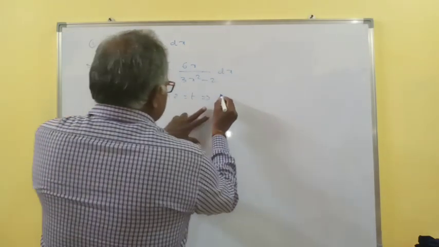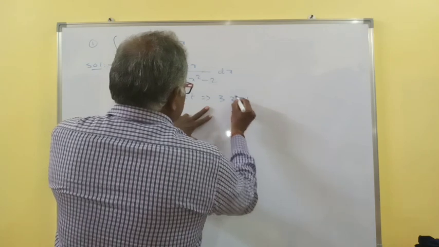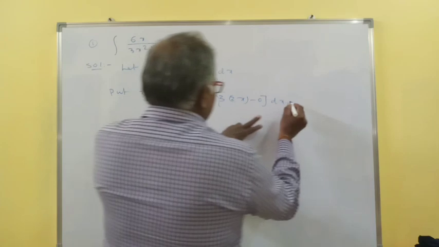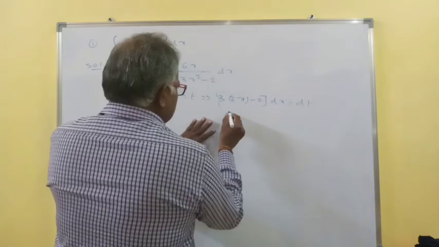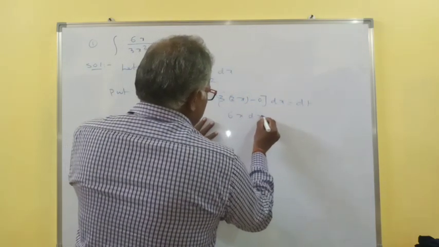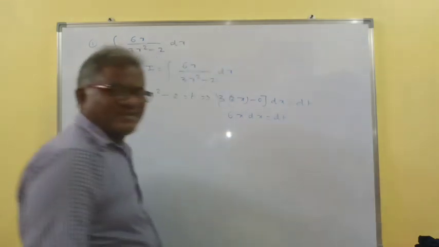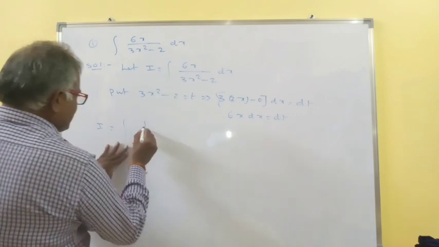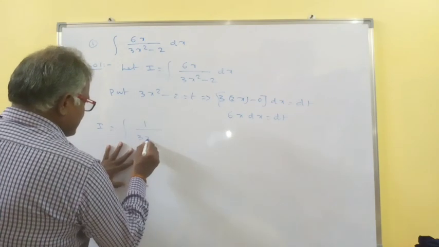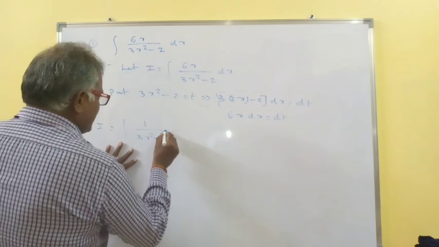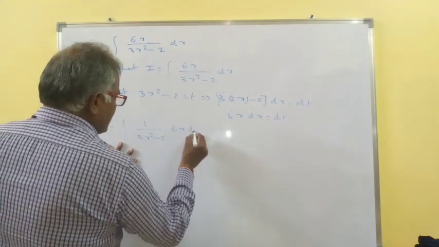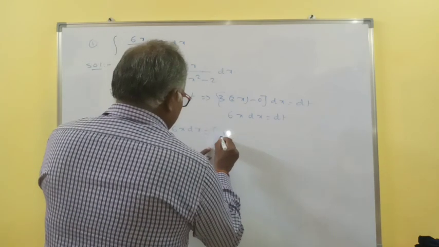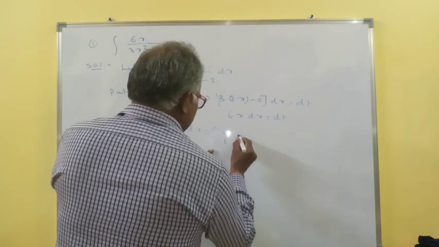So for this one, 3 into 2x minus 0 into dx is equal to dt. That means 6x dx is equal to dt simply. So therefore I is equal, first of all you should write 3x square minus 2 into 6x dx. So this one is nothing but t, 1 by t. This is nothing but dt.